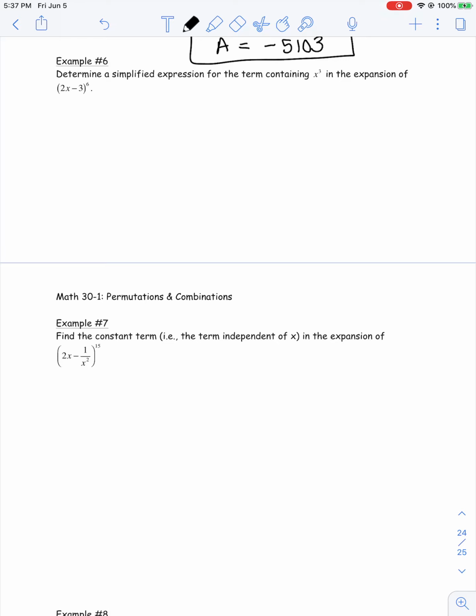Example number 6, they're saying determine the simplified expression for the term containing x to the power of 3. So here we know our n value is 6. And then when we're doing this, we know that we have to have x to the power of 3.